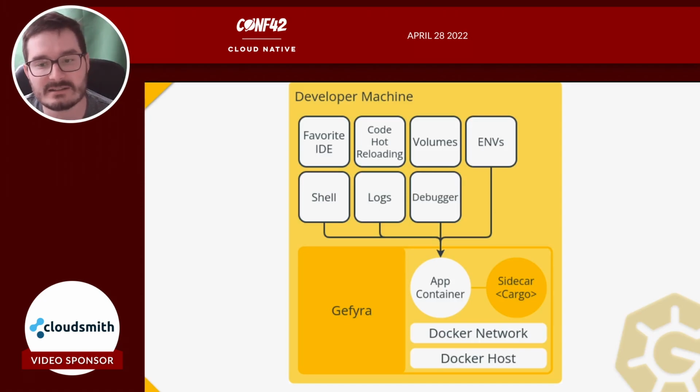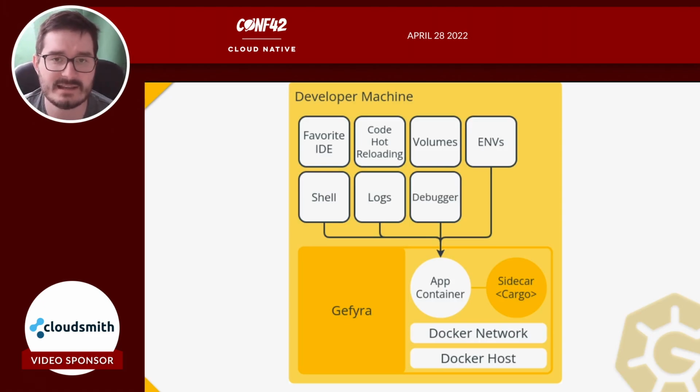You can override environment variables, drop into an interactive shell, and read the logs easily. And most importantly for this example, you can attach a debugger quite easily to your application container instance, which is currently subject to your development work.